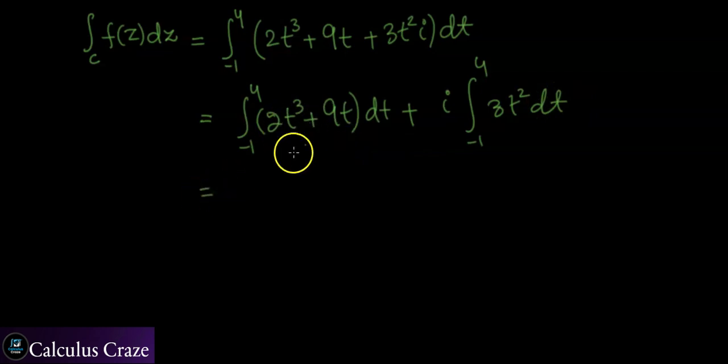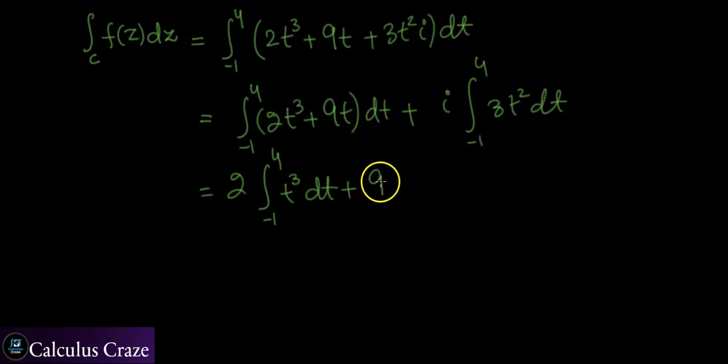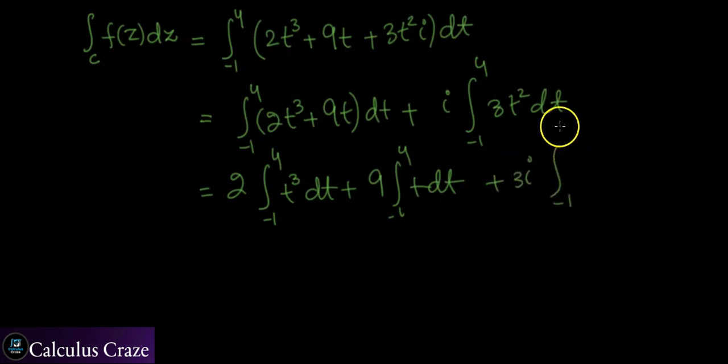Then you have to compute this, so I can apply the properties of the integral over a linear combination: the integral from -1 to 4 of 2t cube plus 9t dt plus iota times 3 times the integral from -1 to 4 of t square dt.